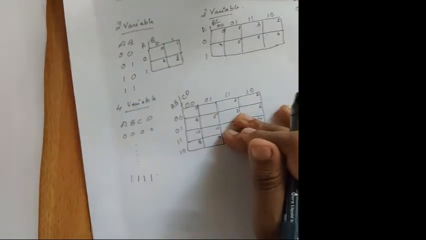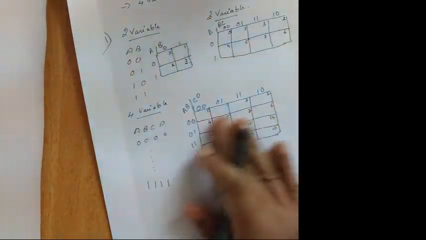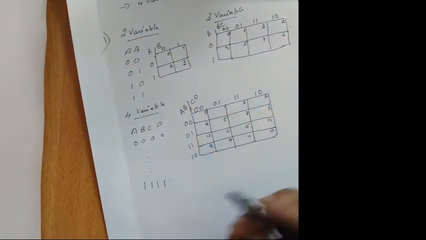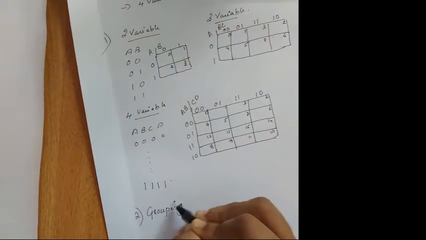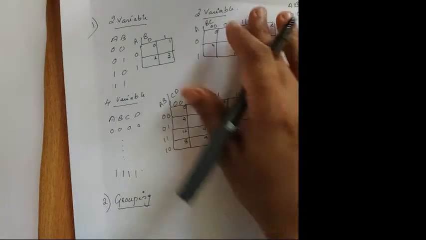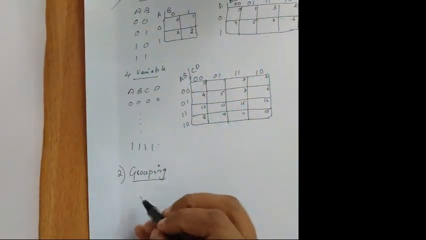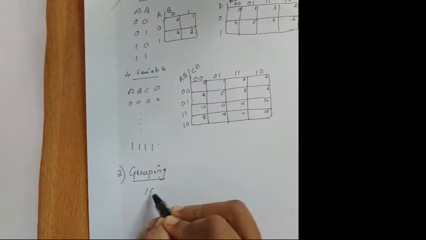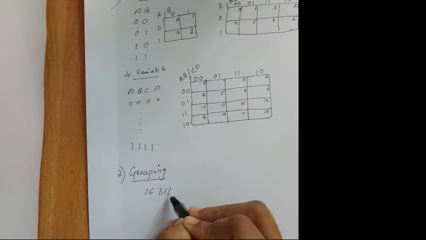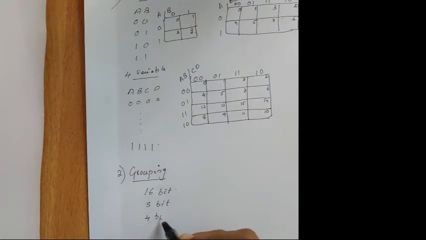Now the second step. Now you understood how to represent a K-map. The second step is the grouping method. Okay. In 2 variable, 3 variable and 4 variable K-map, if you are going for a 4 variable K-map, you have to search for 16-bit grouping, then 8-bit grouping, 4-bit grouping and 2-bit grouping.